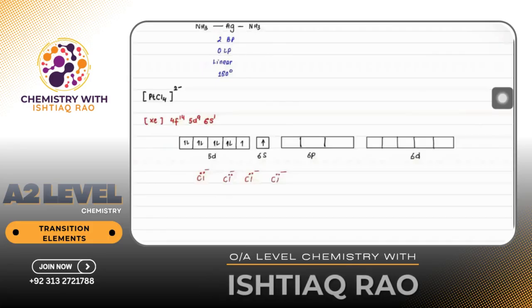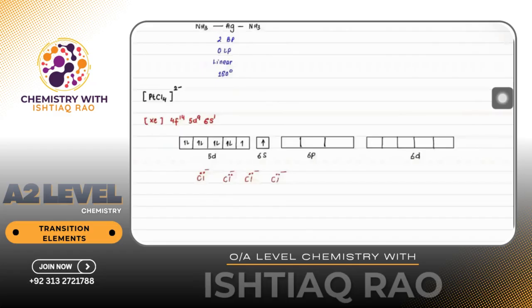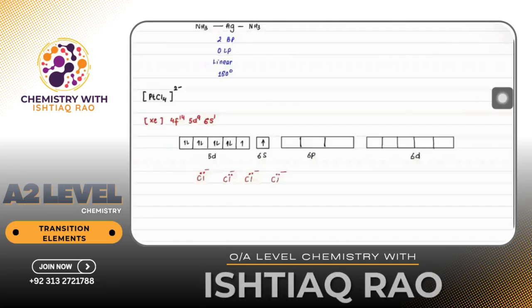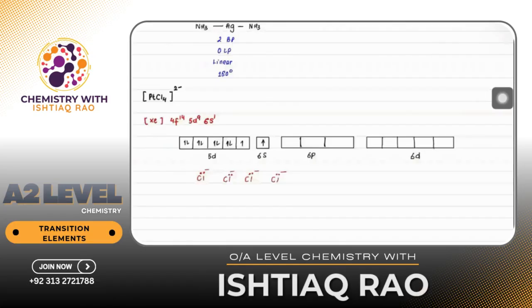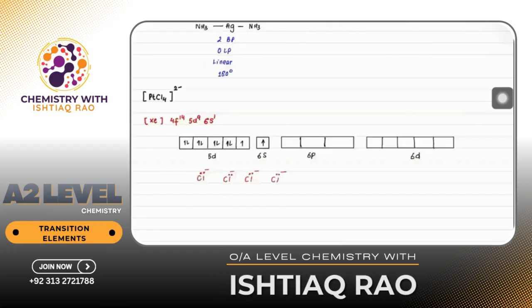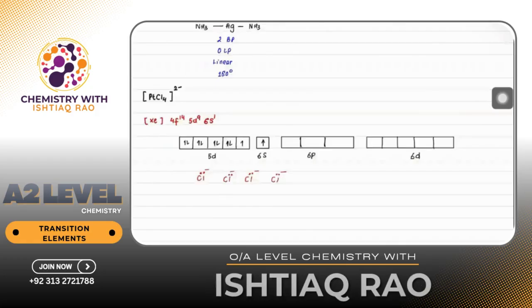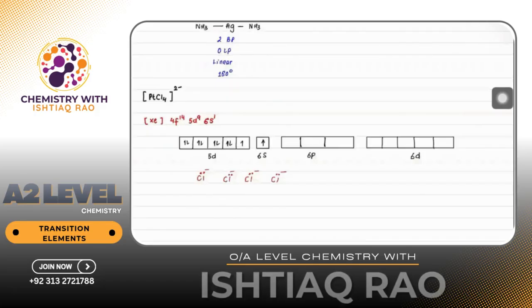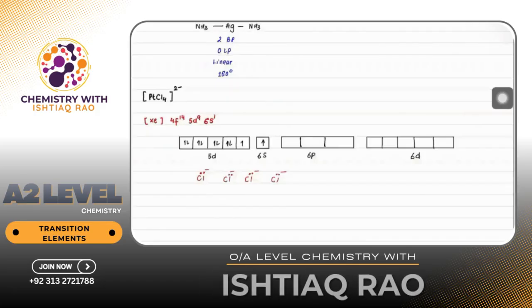How many chlorine do I have? By the way, after 6s, how many orbitals am I going to have? Let me write it down. I have 6s, then 6p, and then 6d, 1, 2, 3, 4, 5.